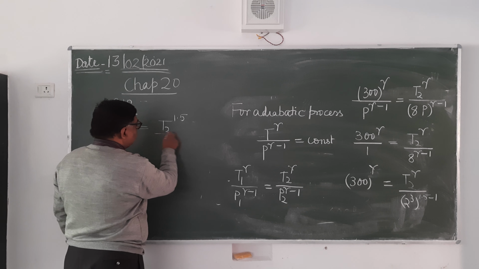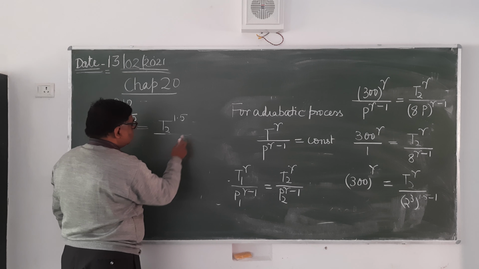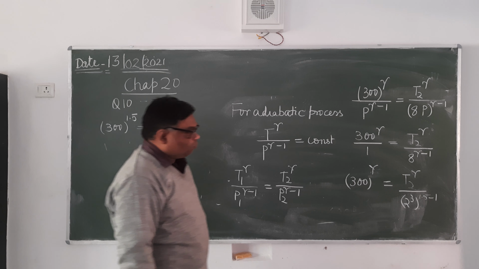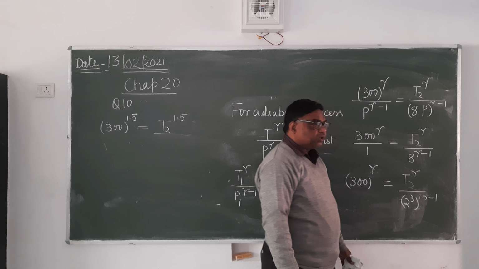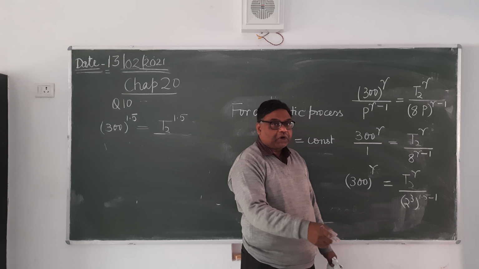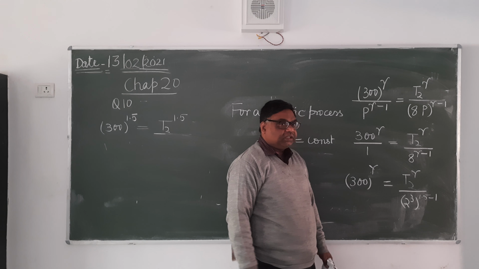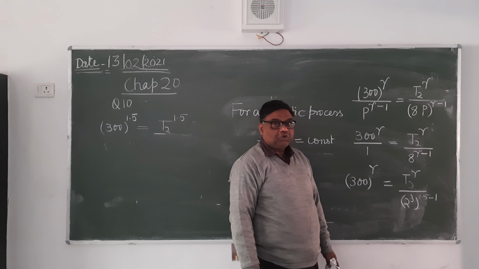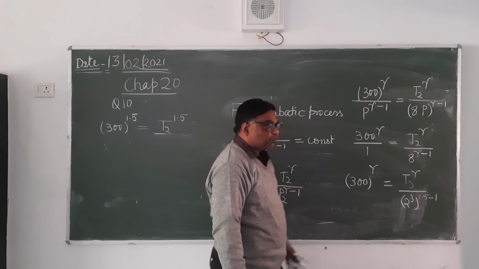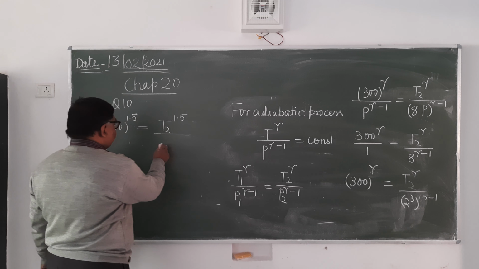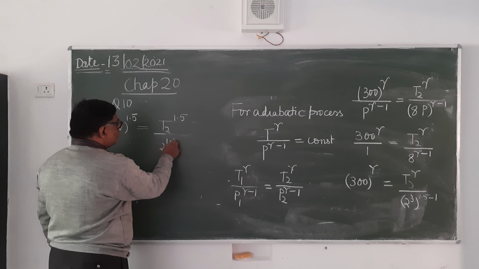Now if you simplify, 1.5 minus 1 is 0.5. 0.5 into 3 means 1.5, so 2 to the power 1.5.